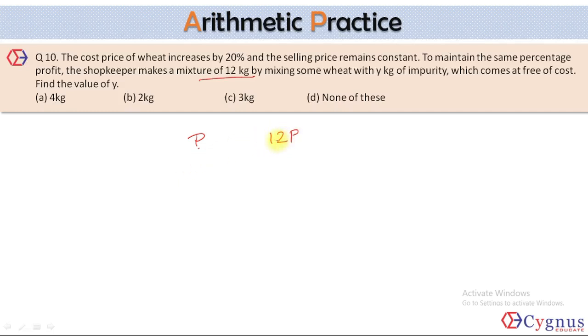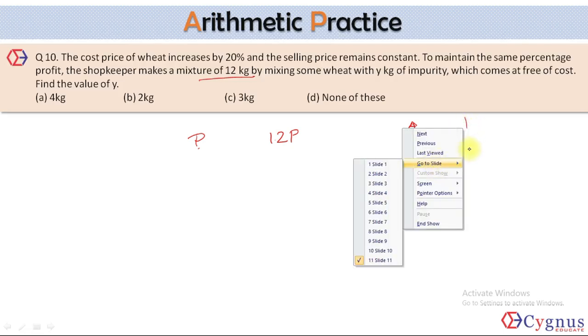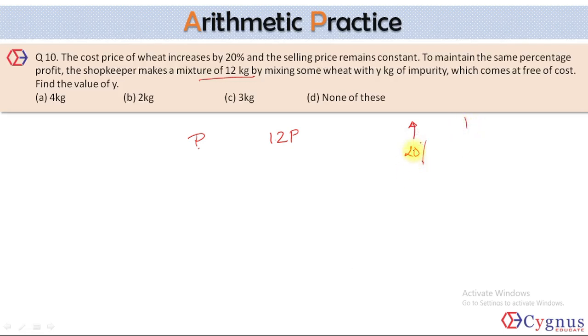That means 1.2P. If the price increases by 20%, we know that relationship. If the price increases by 20%, we'll have to reduce the consumption by how much percent? This is 1 by 5, so this should be 1 by 6. That means we'll have to reduce the quantity by 1 by 6 so that you get the same revenue.